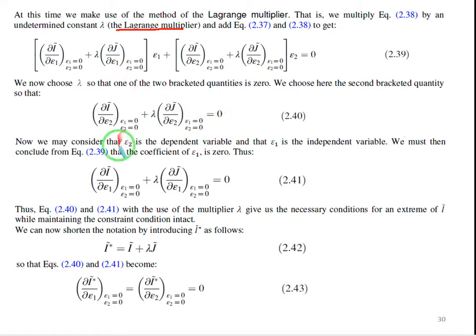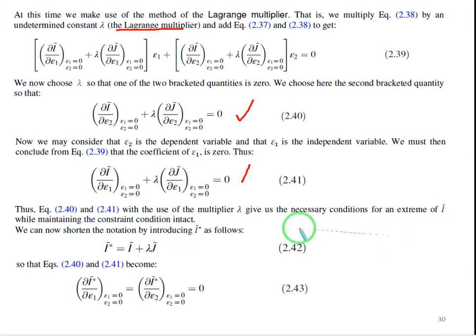Setting this coefficient equal to 0 leads to two equations, 240 and 241, which are the same equations as if we do, I'm sorry, if we do differentiation, we can easily say that these equations lead to the same equations.